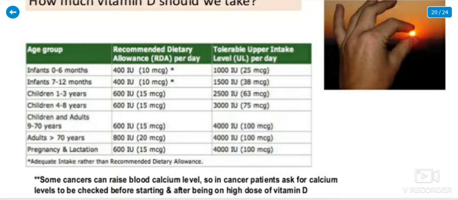Infants 7 to 12 months, 10 micrograms. Children 1 to 3 years, 15, and children 4 to 8 years. Children and adults from 9 years up to 70 years and onwards, 50 micrograms.